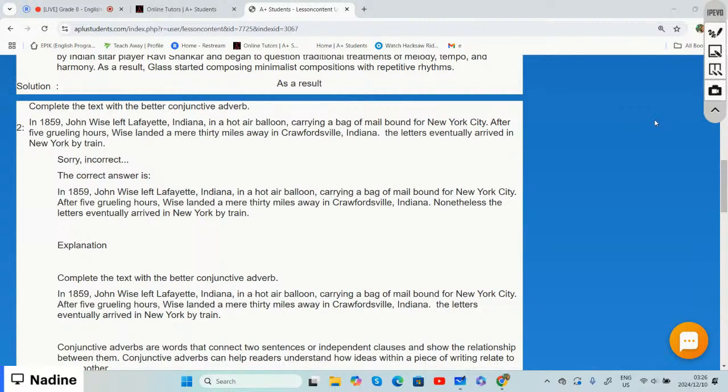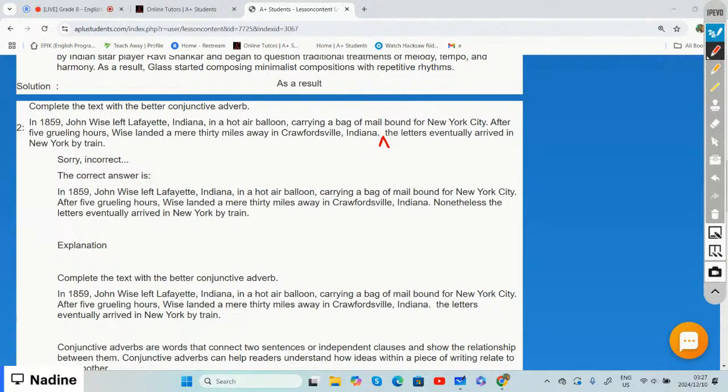After 5 grueling hours, Wise landed a mere 30 miles away in Crawfordsville, Indiana. We need to choose a conjunctive adverb. The mail, or let's say the letters, eventually arrived in New York by train.